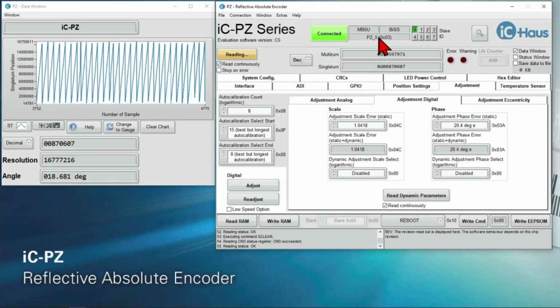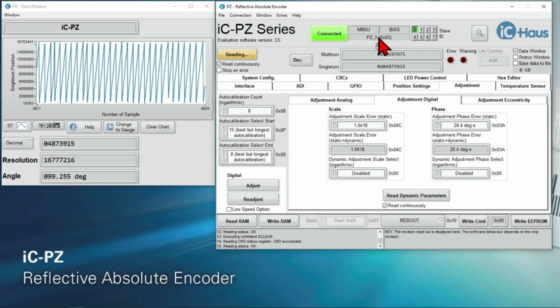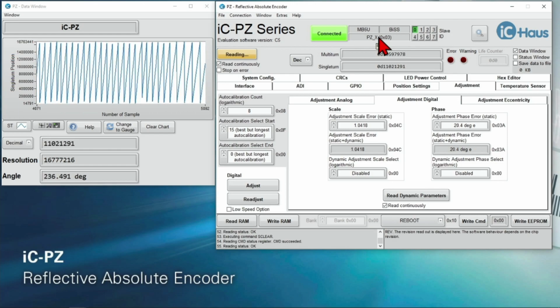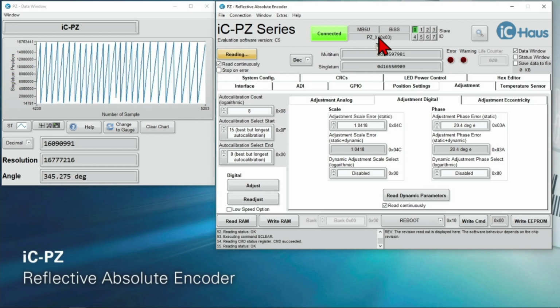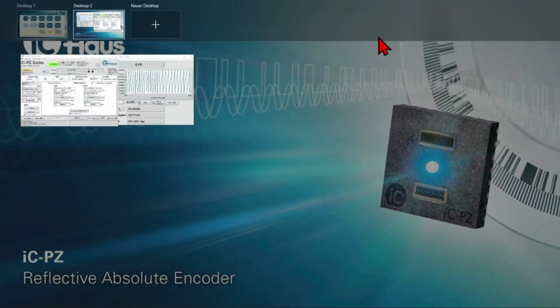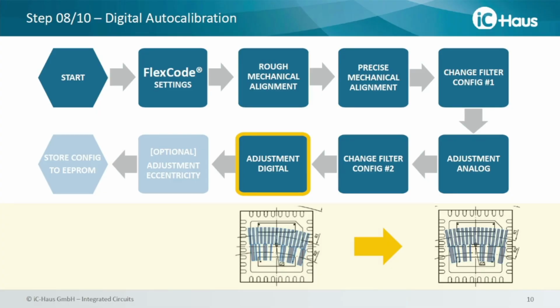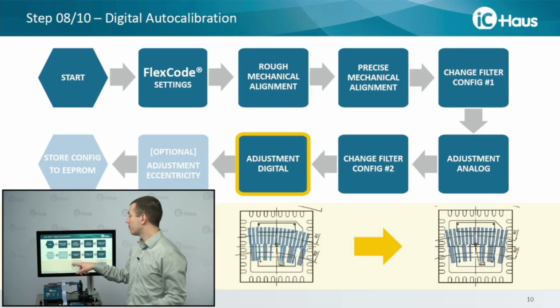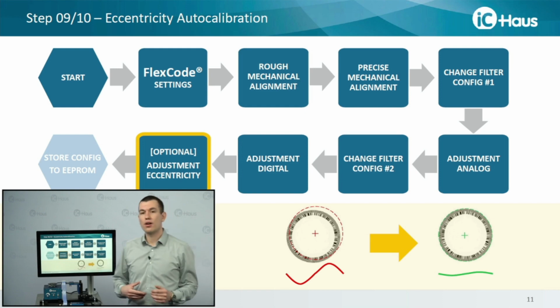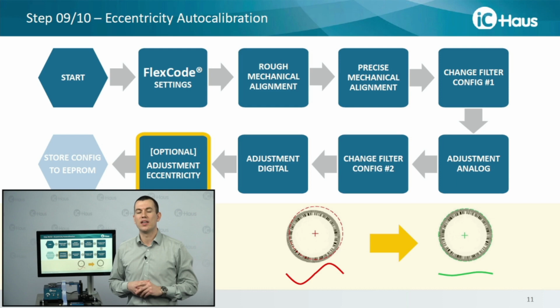And we've just set up our rotary encoder with the iC-PZ series. And there's one last step I'd like to show here that is optional. And this is our eccentricity compensation. As all encoder builders will be aware of, when mounting a disk on a hub or gluing a disk on a hub, there will be some radial runout error.